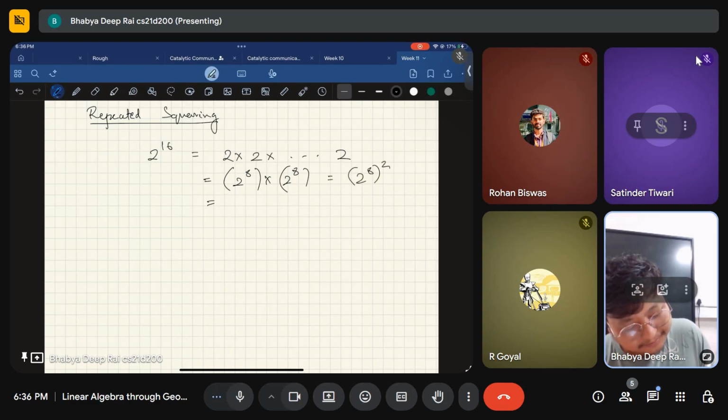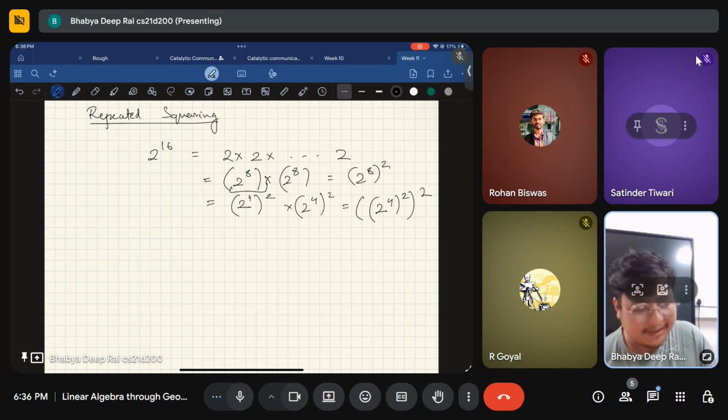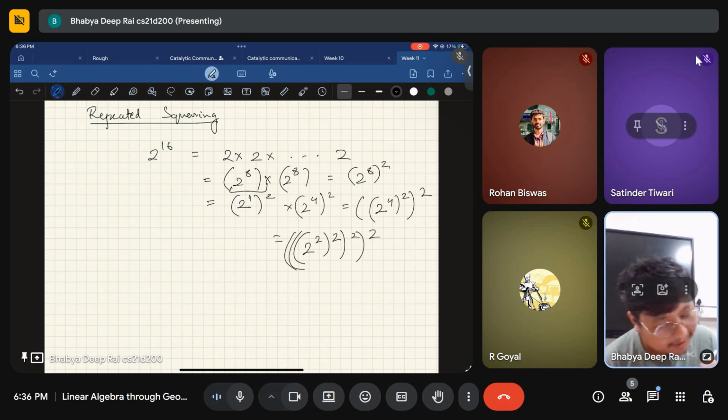And this can be written as 2 to the 4 squared times 2 to the 4 squared, and then you go down the rabbit hole, and this is equal to 2 squared squared squared. Is that right? Yeah.